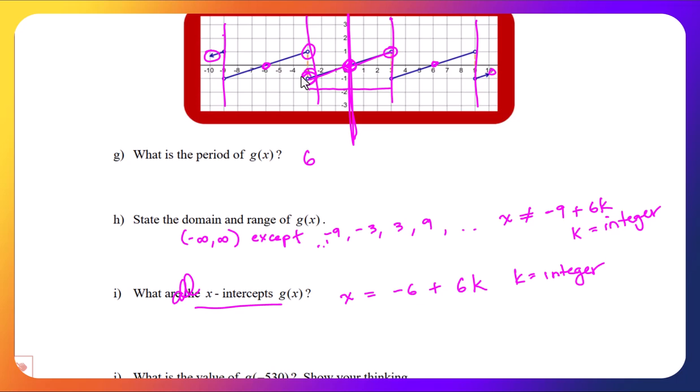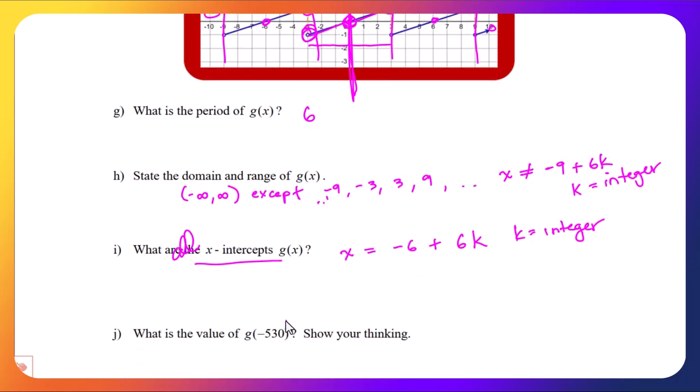So let's try this. If I take the 530, the positive one, and I divide that by 6, because that's our period, 6 goes into 53 8 times. 8 times 6 is 48. Subtract, I get 5.